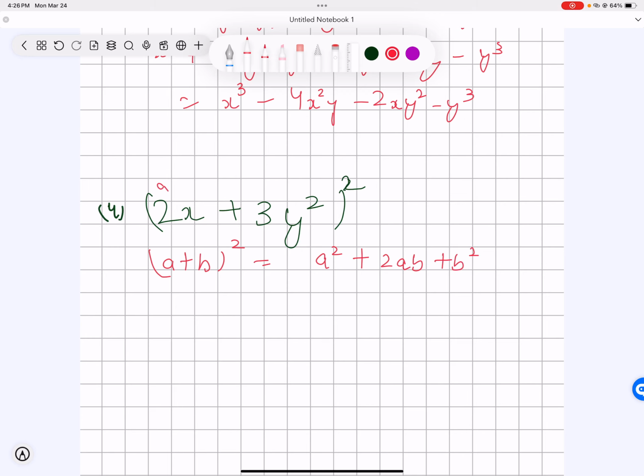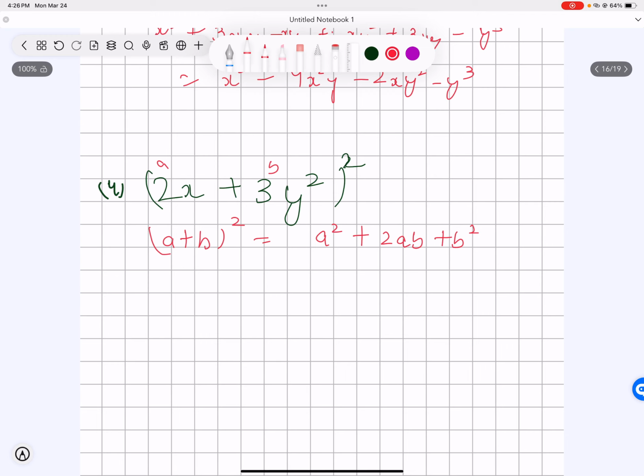So this is a, this is b, and first it's gonna be a squared, which is gonna be 2x squared, and then 2 times a times 3y squared, which is gonna be 2ab here, and we plus, and then we have b squared. b squared is 3y squared.